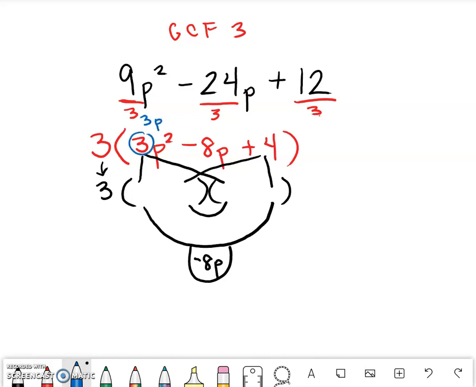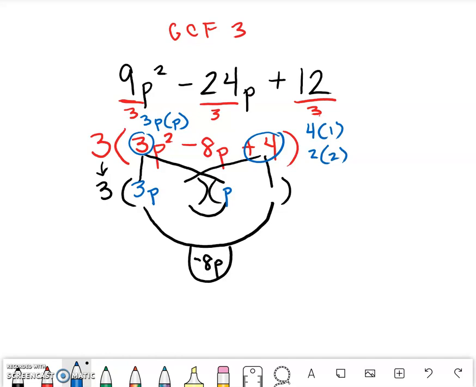So this is 3p times p. That's the only way I can get 3p squared. I'm going to look at the end here. 4 times 1, or it could be 2 times 2. Now we have to play with it.